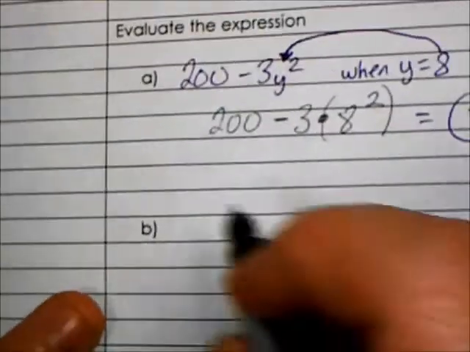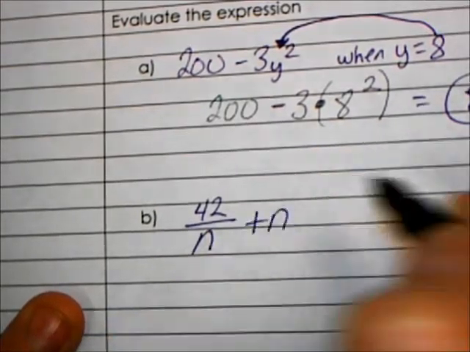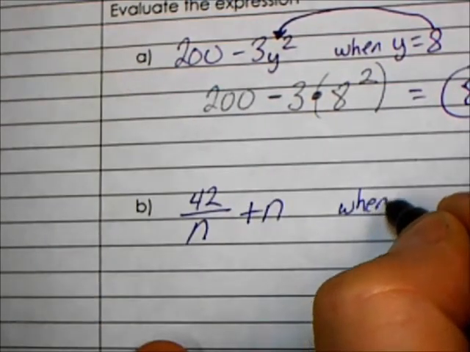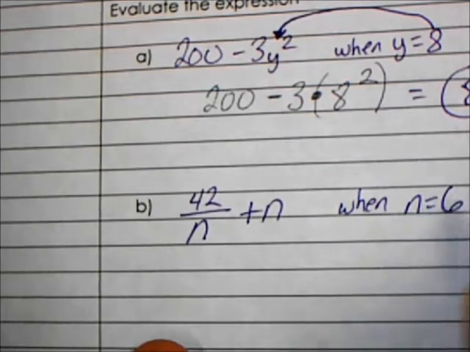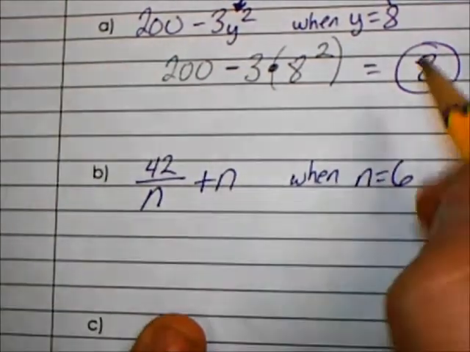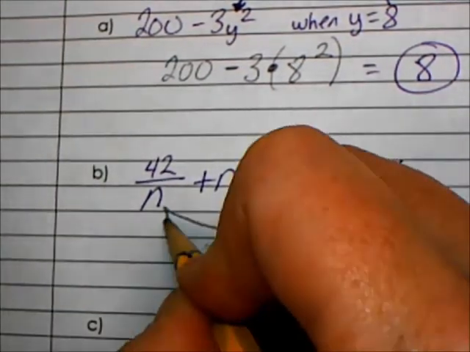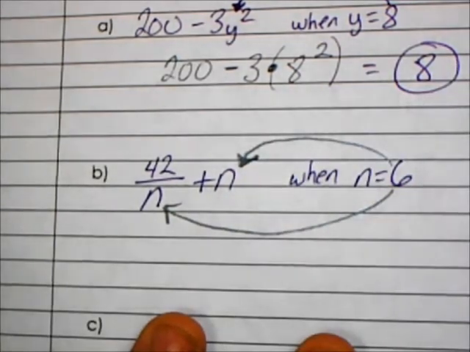Alright, the next example they have is 42 divided by n plus n. And the value they give me, they say when n is equal to 6. Well, I've got 2 places now this one has to go. This goes in the denominator as well as the whole number that's out there all by itself.